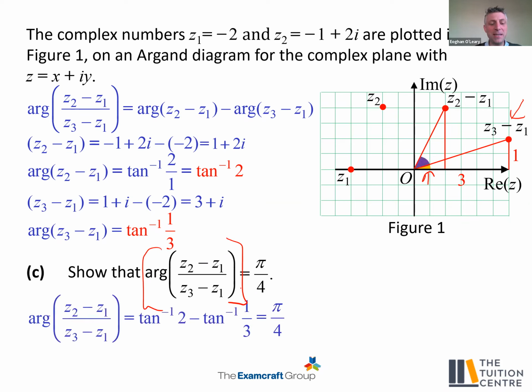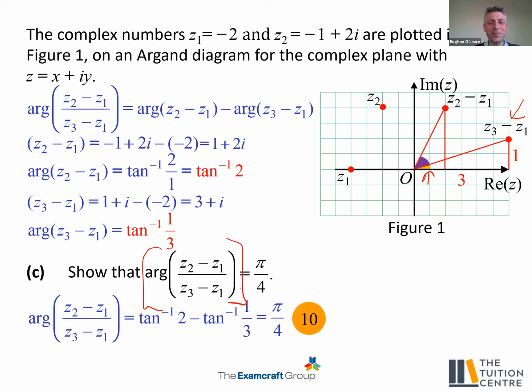So we're going to say it's the inverse tan of 2 minus the inverse tan of 1/3. And if you put that into your calculator, you're going to find that you get your answer, which is pi over 4. And of course, you want to have your calculator in radian mode. So that's 10 marks for that. But if you go at it step by step, you will get to your answer.